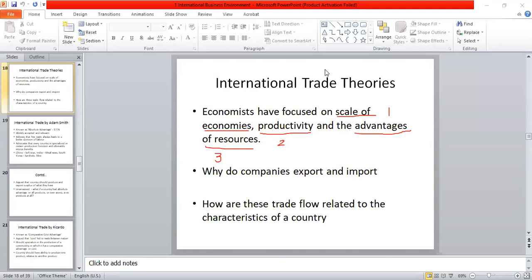Say for example, in Pune city a metro project is going on. Who is importing the technology for completion of this metro project? Japan. So India is importing technology from Japan.